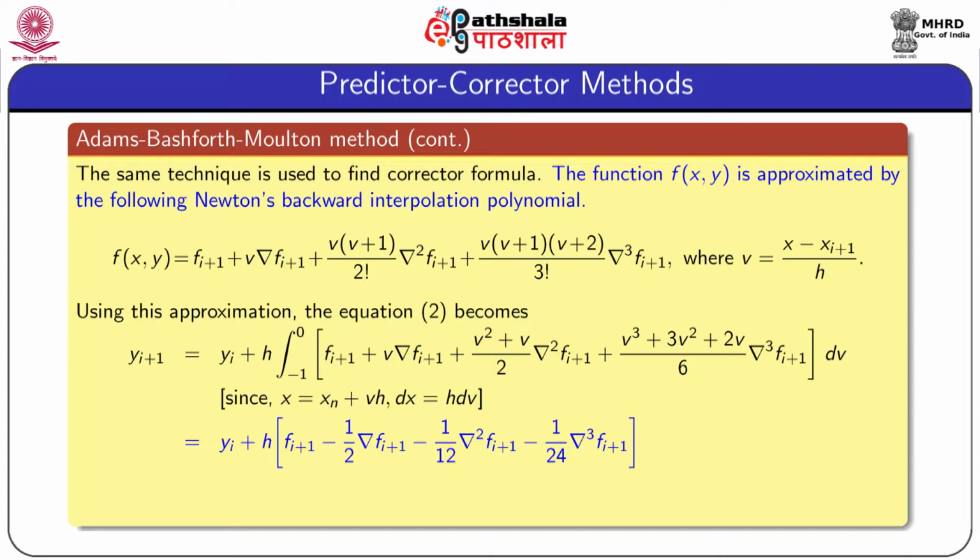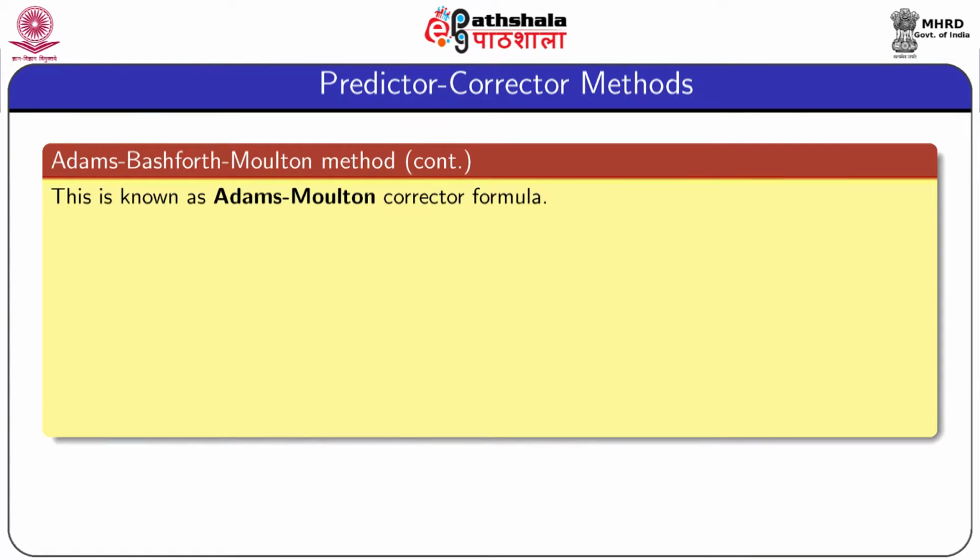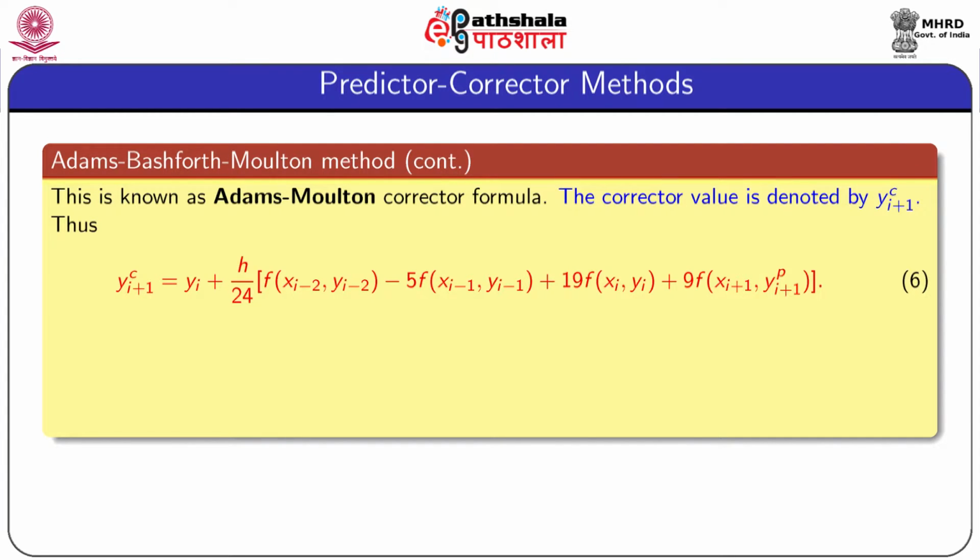After using the values of first, second and third order backward differences, we obtain equation 5, which equals y_i plus h by 24 into f_{i-2} minus 5 f_{i-1} plus 19 f_i plus 9 f_{i+1}. This formula is called the Adams-Moulton corrector formula, and it is denoted by y_{i+1}^c, C for correction or corrector. Thus, the corrector formula is given by equation 6.